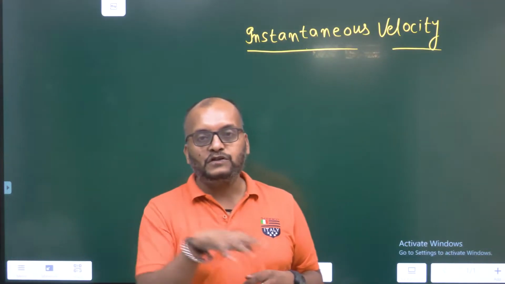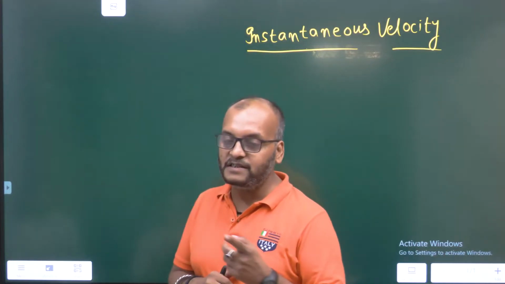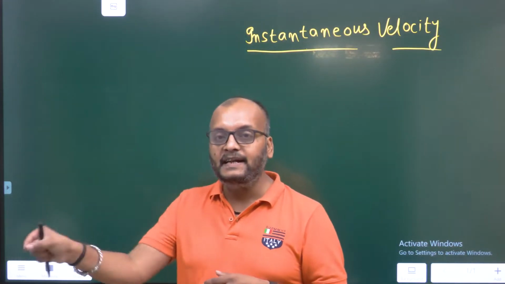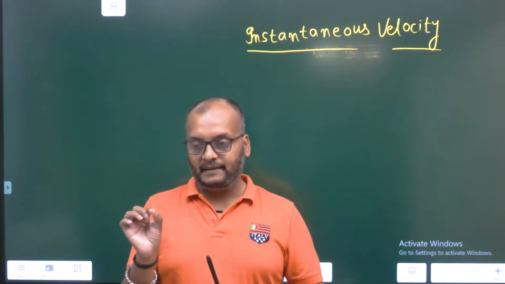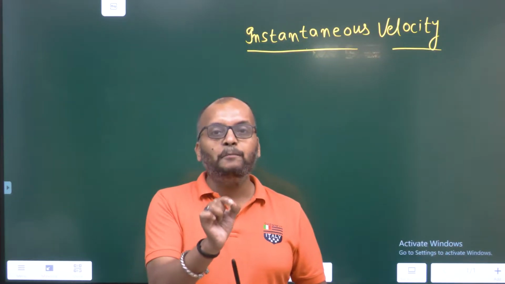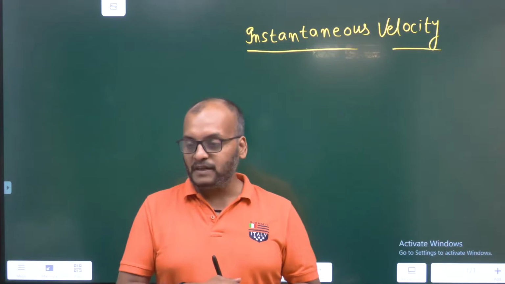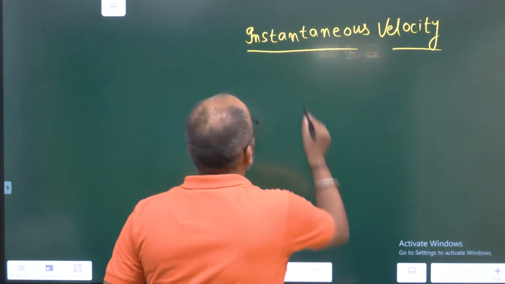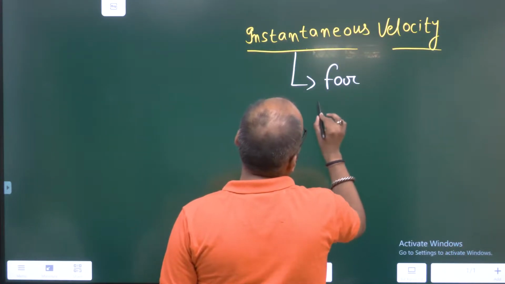Suppose there is a mosquito flying for 15 seconds, and I ask you what is the velocity of the mosquito at the 11th second or at the 8th second. I am pointing towards a particular second, a particular instant. So that's what instantaneous means, for a very small period of time.